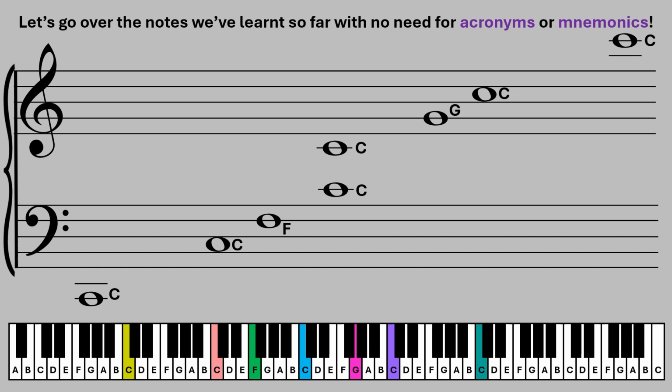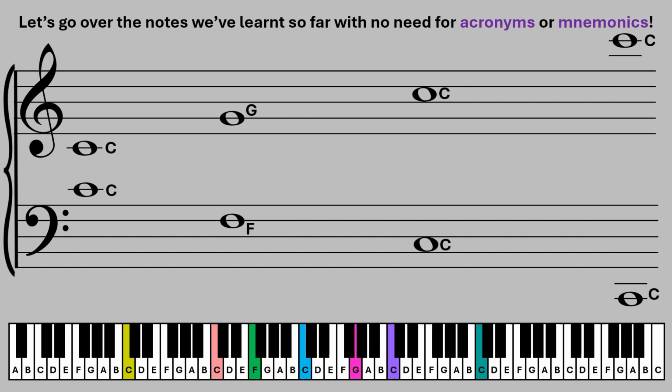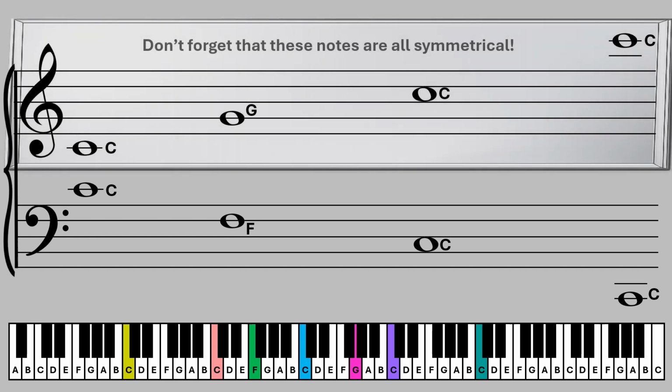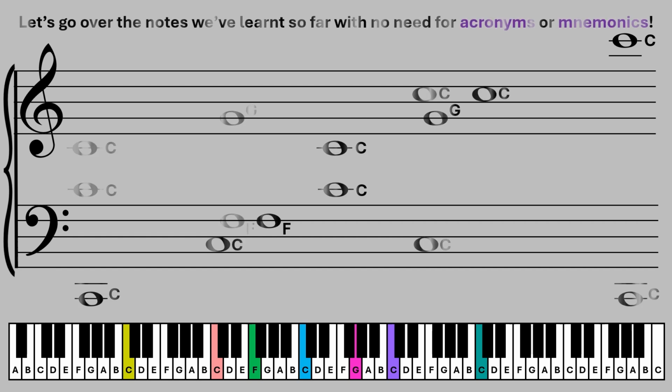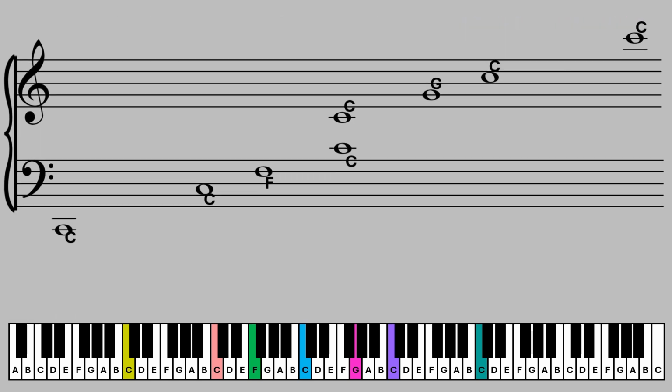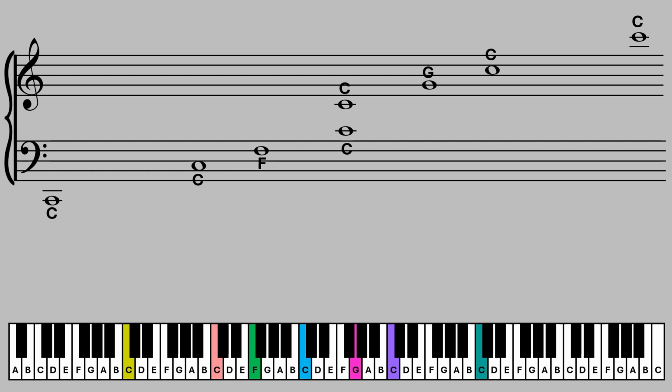Now let's swing the notes round so we can see the symmetry. Now let's add the mirror to make it even more clear. OK, let's put them back in pitch order. This gives us a fair few landmarks to be able to work out where the other notes are positioned.